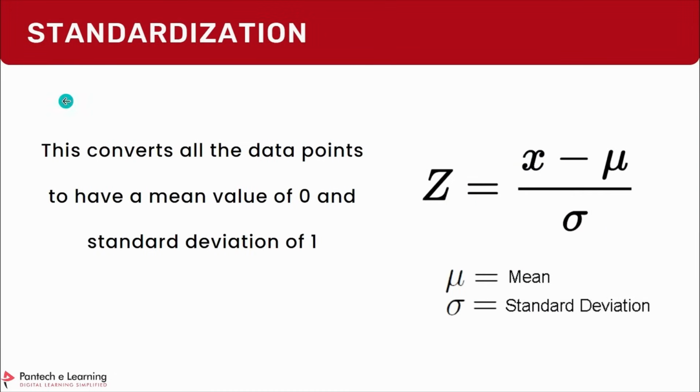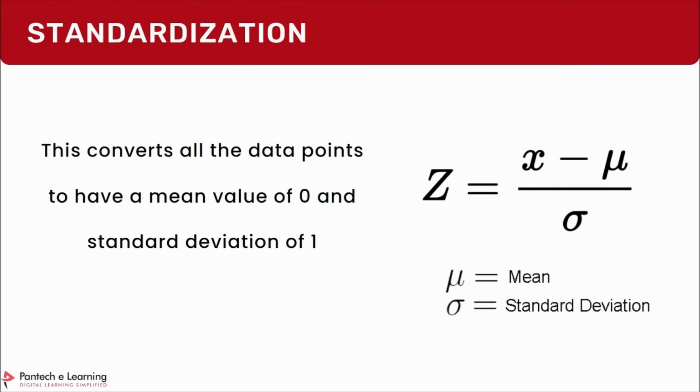So the next method is standardization. There are different methods. I'll explain and I'll tell you also how or when to use it. Talking about standardization, this performs a statistical operation which converts all the data points to have a mean value of 0 and a standard deviation of 1. Mean value is the average value and standard deviation is the value of how they are deviated from the mean value.